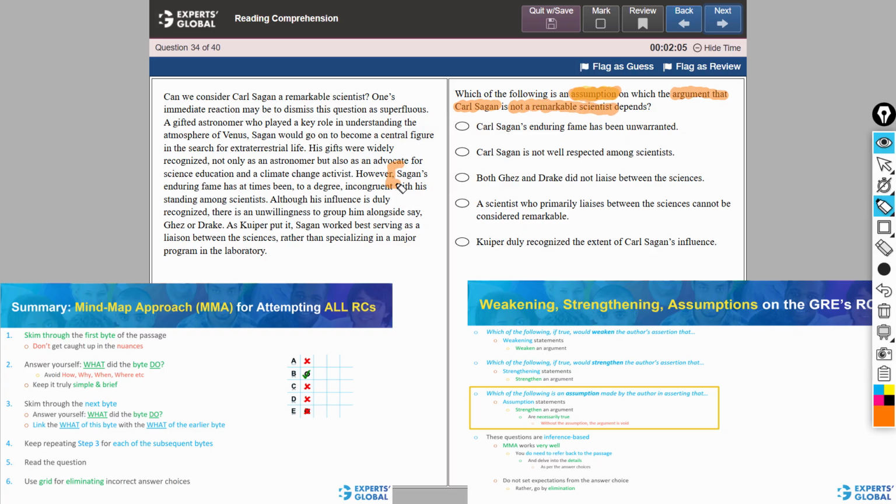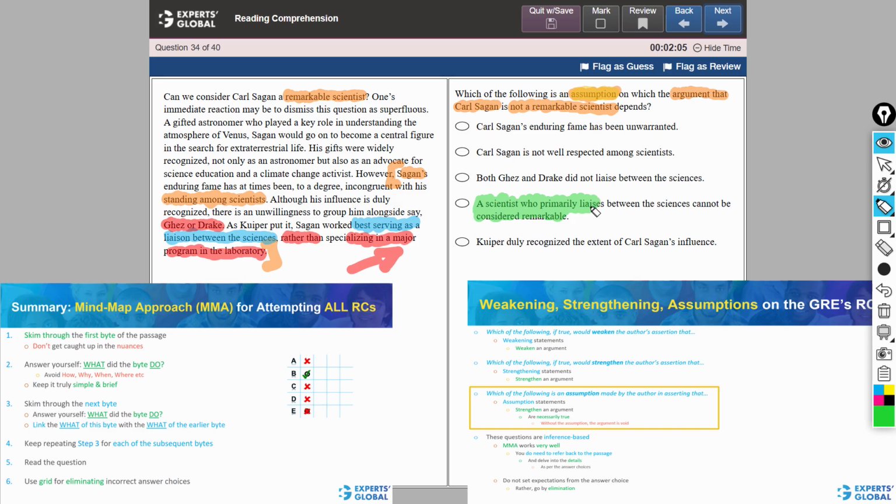There are 2 main points suggested in the passage around why our scientist may not be a remarkable one. The first is his weak standing among scientists, and the second is his nature of work being of a certain type rather than of another type, the sorts that possibly these remarkable scientists were involved in.